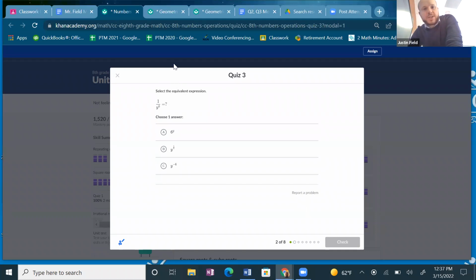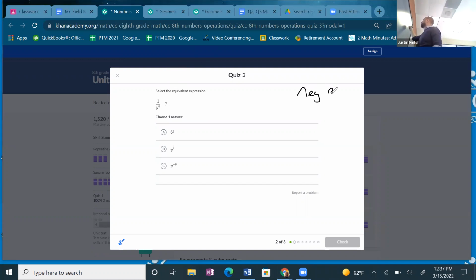All right, so now how about this? Select the equivalent expression. Now we want to remember negative exponents. The definition: x to the negative m is equal to 1 over x to the positive m. But we could also say that x to the m is equal to 1 over x to the negative m.